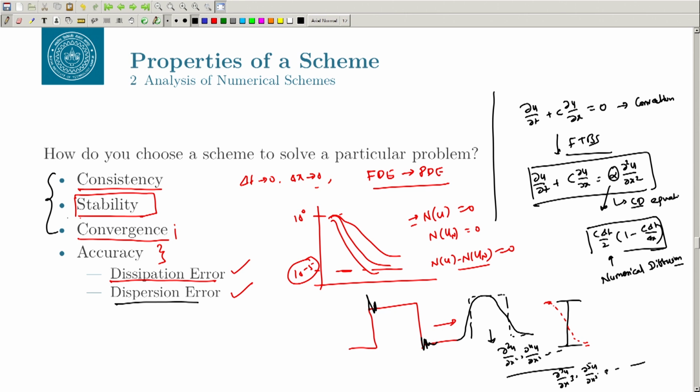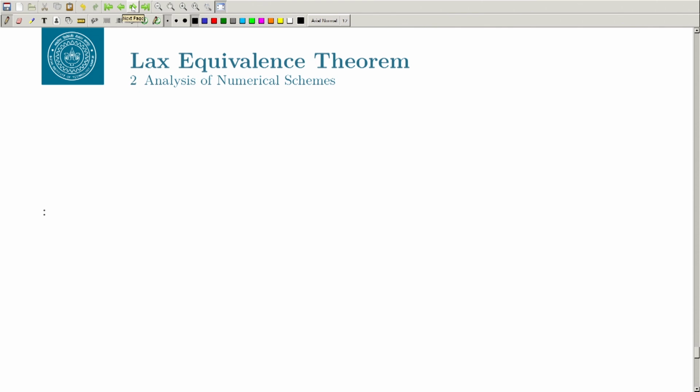So, we just want to discuss one thing: consistency, stability. Right now you have a PDE, you start with a PDE. The PDE can be del u by del t plus c del u by del x equal to 0.